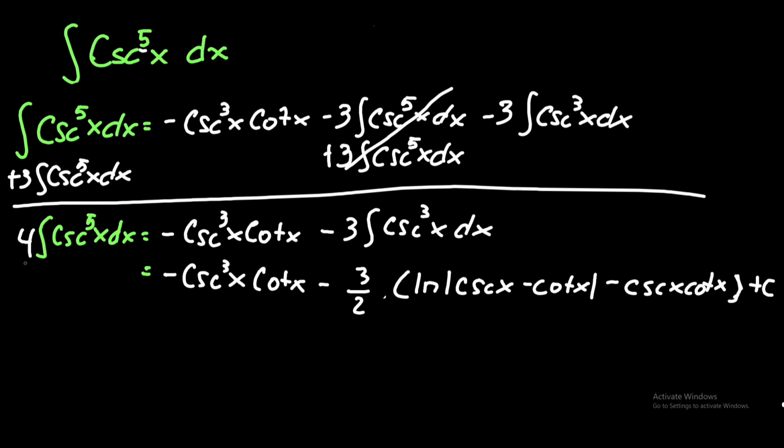And so, since we have a 4 here, we must multiply all sides by 1/4. And so, 1/4 multiplied by 4 would be 1.